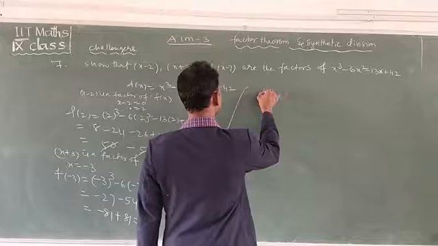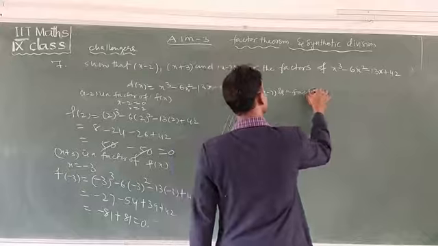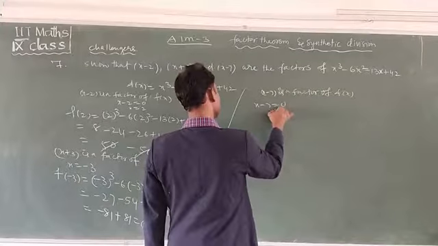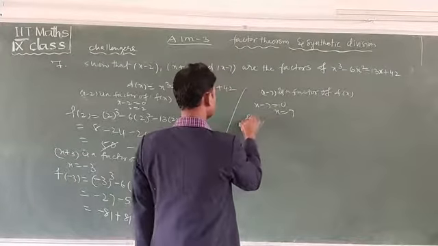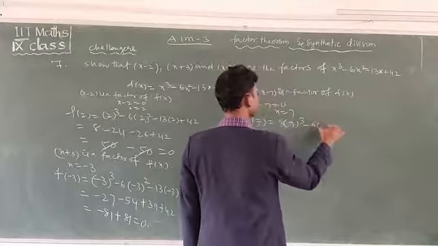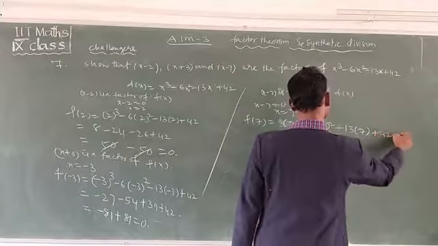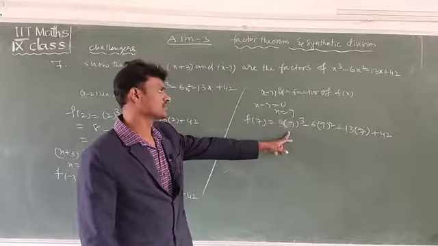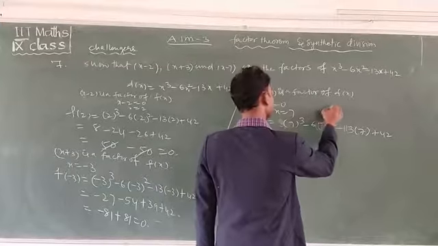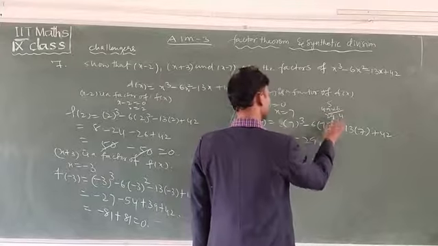Now see here, x minus 7 is a factor of f of x. Now x minus 7 is equal to 0 and x is equal to 7. Now f of 7 is equal to 7 power 3 minus 6 into 7 square minus 13 into 7 plus 42. 7 cube is 7 into 7, 49 into 7 is 343. 7 square is 49, 49 into 6 is 294.